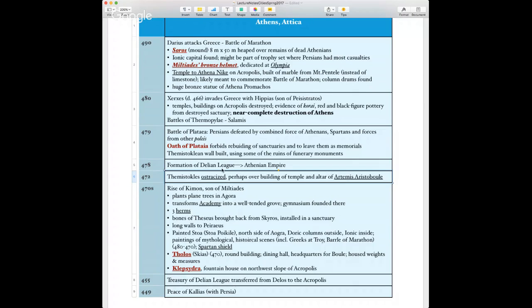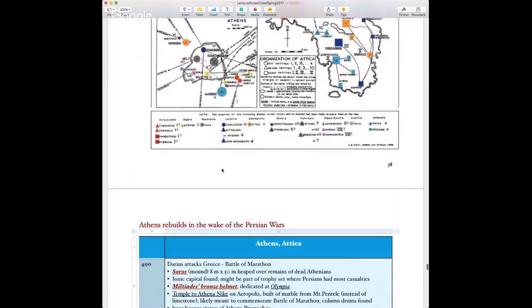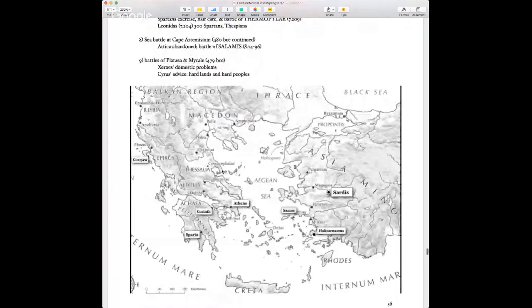But the result was that Athens became more and more of a dominant figure in this league and led to the creation of the Athenian Empire, symbolized when the Athenians decided to move the treasury, which had been on the island of Delos, an island in the Aegean Sea. They decided to move that treasury, so here's Delos, to Athens.